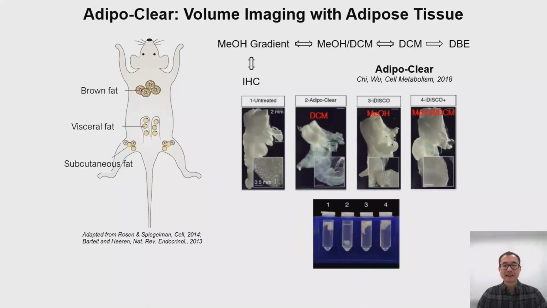We have further enhanced the lipid extraction procedure in our protocol so that it can not only clear brain, but also fat tissue, which is the most lipid-enriched organ in our body. Hence, this protocol was called AdipoClear. AdipoClear can directly extract triacylglyceride, the major lipid depot in the fat. Brain also has a trace amount of triacylglyceride as a normal metabolic byproduct.